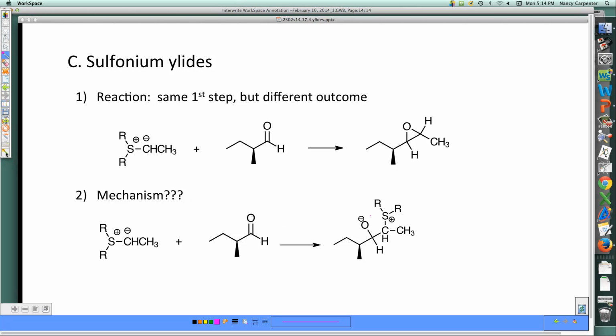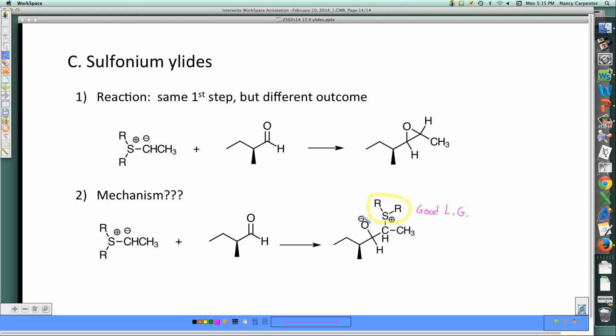Well, it's formed in a really very reasonable, mechanistically sensible way, because if you consider that sulfonium ylide piece that I've just circled, well, that's a really good leaving group. It's a great leaving group.